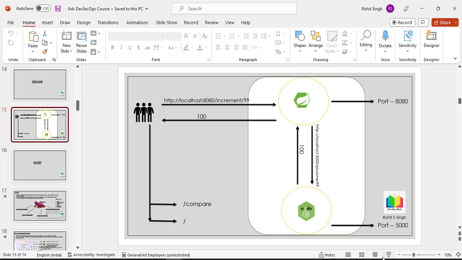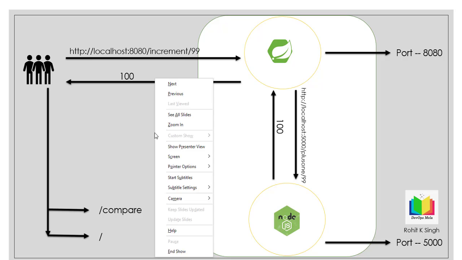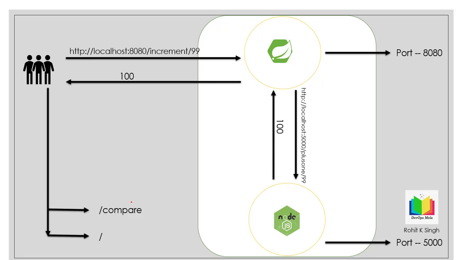Sure. So this is a Java Maven application, guys. It's basically a Spring Boot application. This Spring Boot application has 3 controllers created. What is the purpose of each controller? The first will do a compare. It will do a comparison with 50.